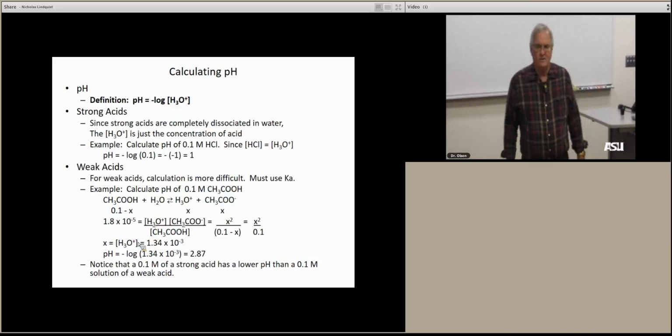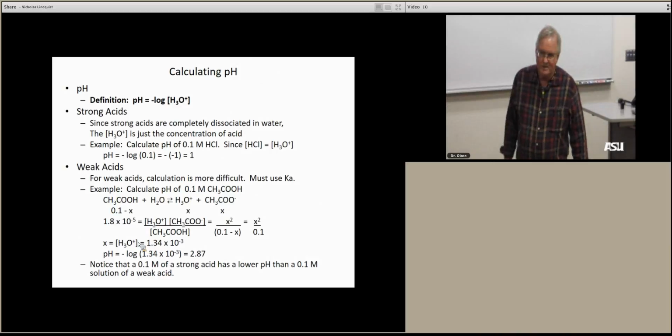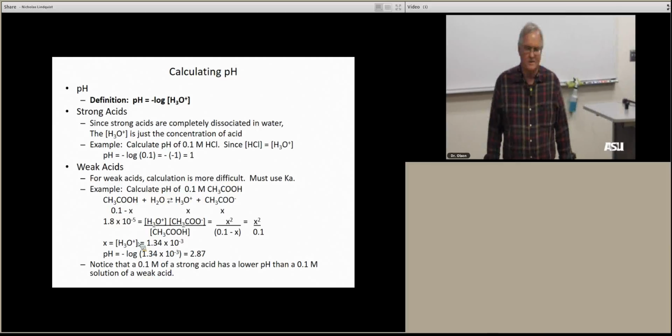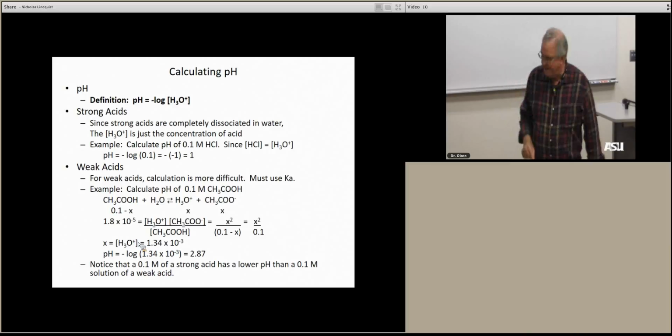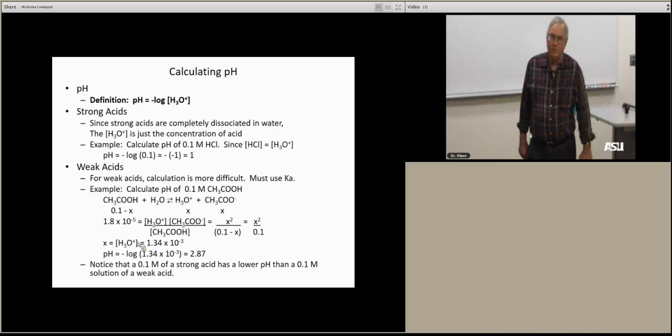Well, what's the hydrogen ion concentration of a 0.003 molar HCl? 0.003. So you just plug in 0.003, hit log, it's minus 2.52, but pH is the negative log, so it's plus 2.52. So the pH of a 0.003 molar HCl solution would be 2.52.